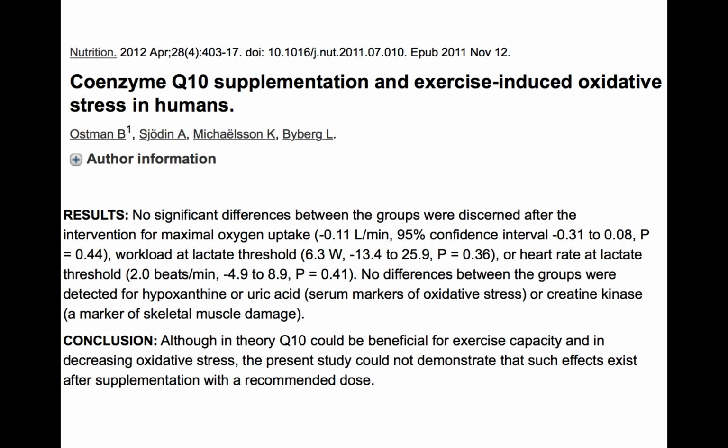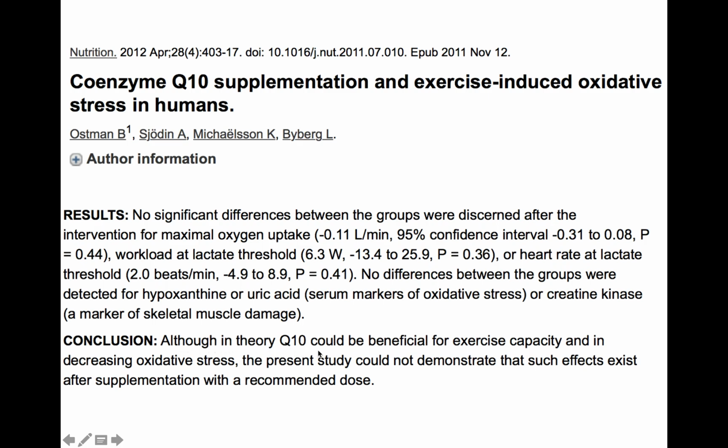So actually, there is no effect when coenzyme Q supplement trials are given. The reason for this is probably most people with a decent diet have as much coenzyme Q as you need. There's not a shortage of coenzyme Q in most people, and more is not necessarily better.